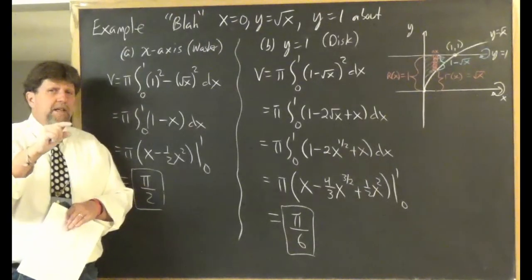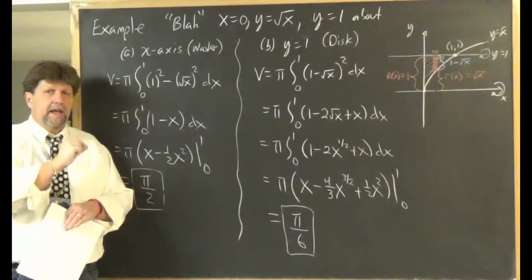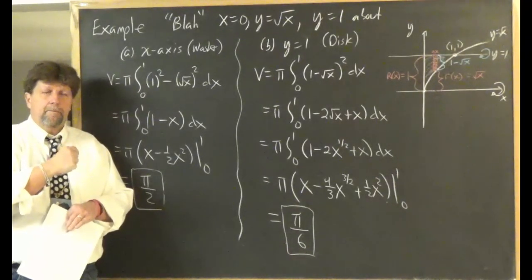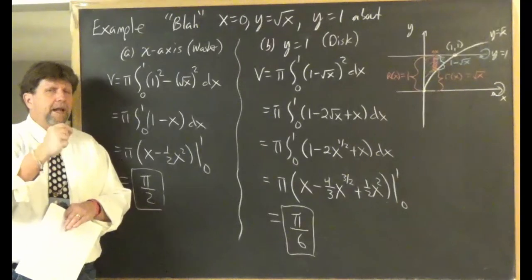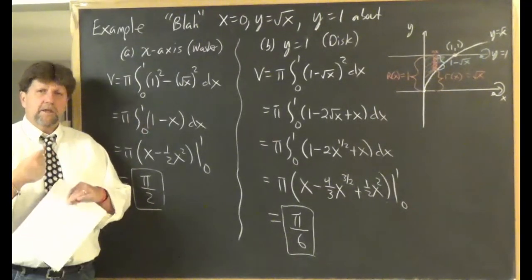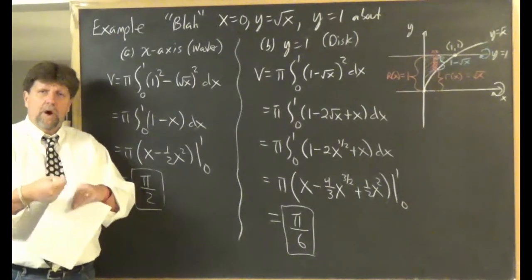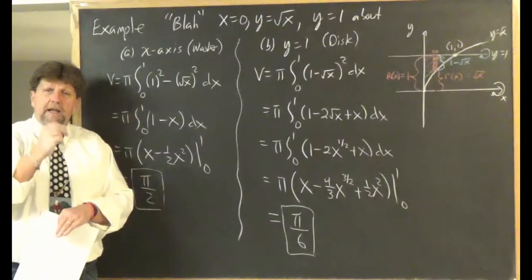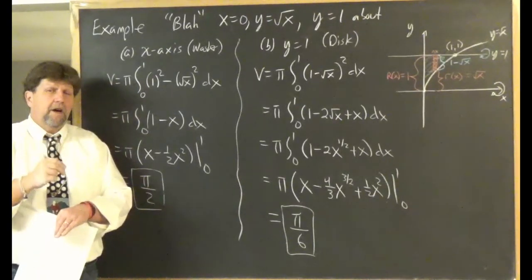If it's perpendicular to and touching the axis of revolution, it's the disk method. If it's perpendicular to but not touching the axis of revolution, it's the washer method. And in the washer method, you need to get the big radius, big R of x, and the little radius, little r of x.